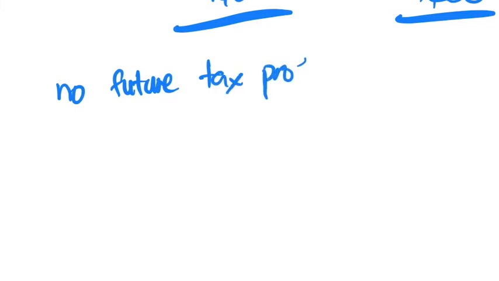There are really two scenarios we can think about with the assessed loss. The first scenario is, let's imagine a circumstance where the business is not able to demonstrate that they will have future tax profits.